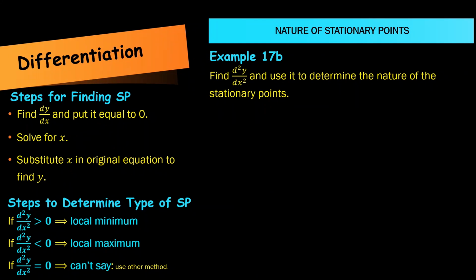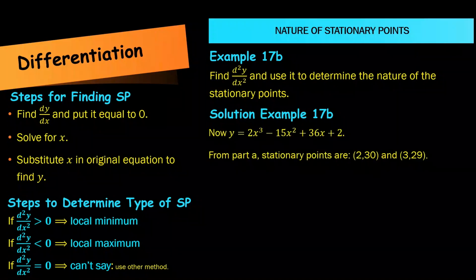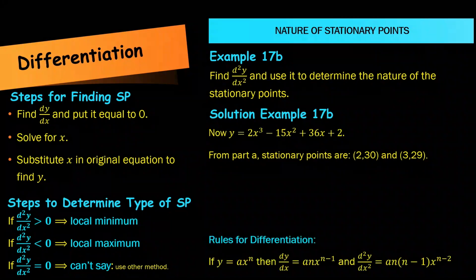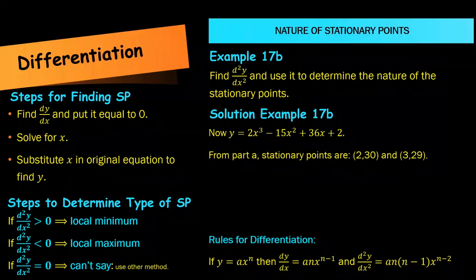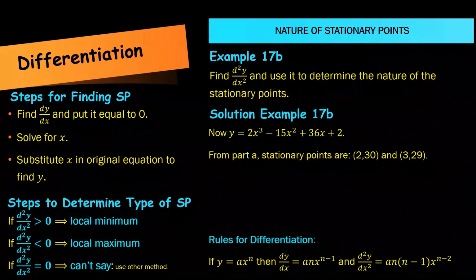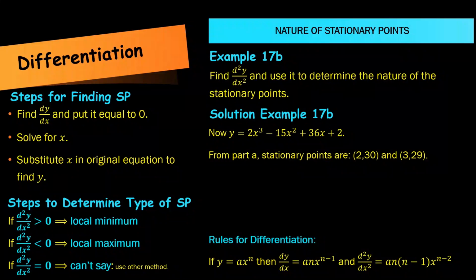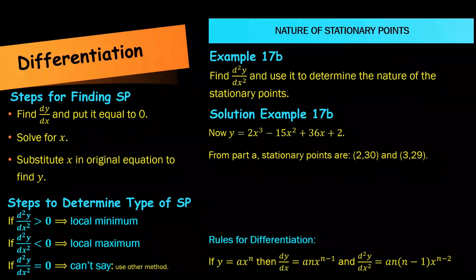So let's summarize the information that we already have. We have the equation for y. We also have from part A the stationary points, and we can remind ourselves of the rules for differentiation at the bottom of the screen. So we can now find d2y dx squared.